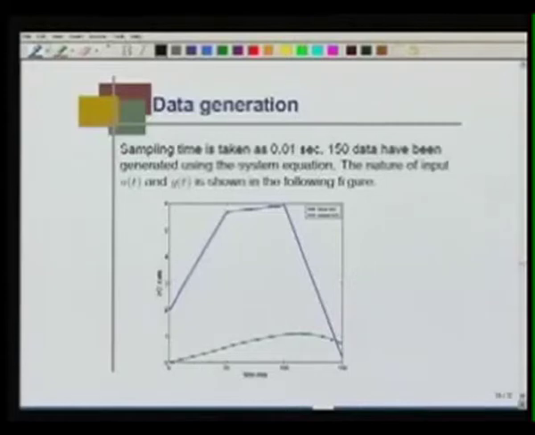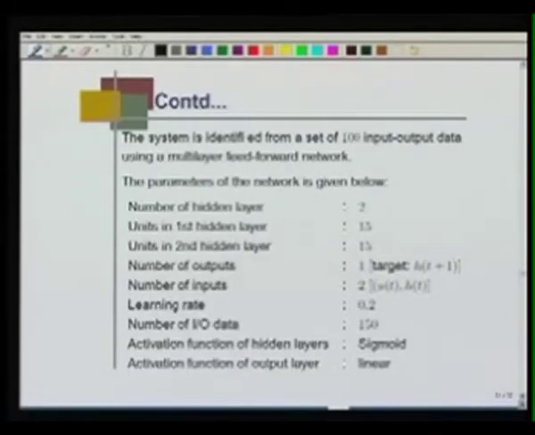So, we generated this data given this input, and then we selected a network structure and we took a backpropagation network having two hidden layers. Each hidden layer has 15 neurons or computational units.